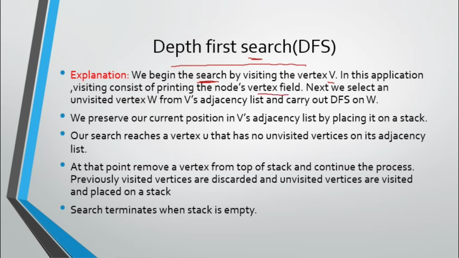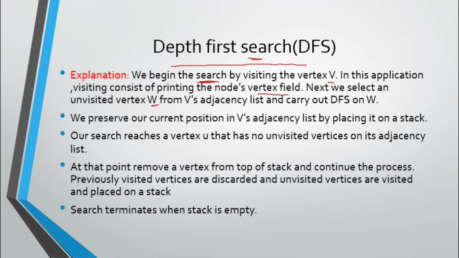As we search the element, we have to write the vertex name. When we understand the example, it will be clear with this definition. After that, what we do next, we select an unvisited vertex w, named w, from V's adjacency list.